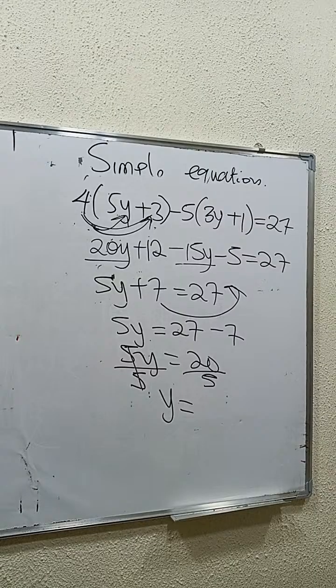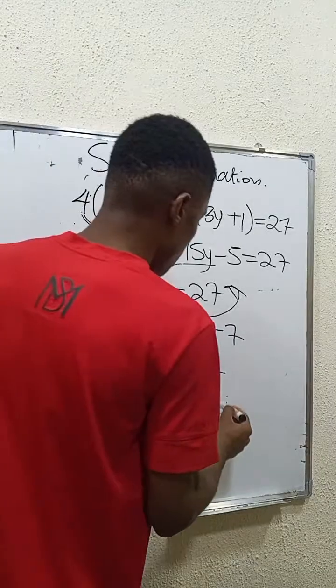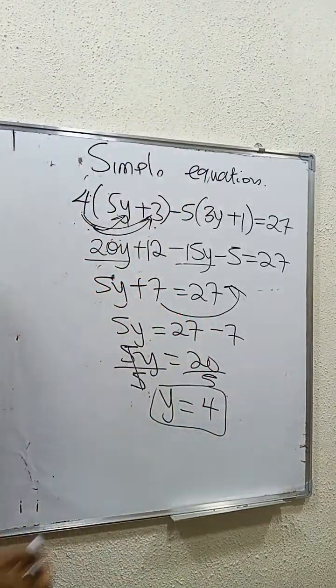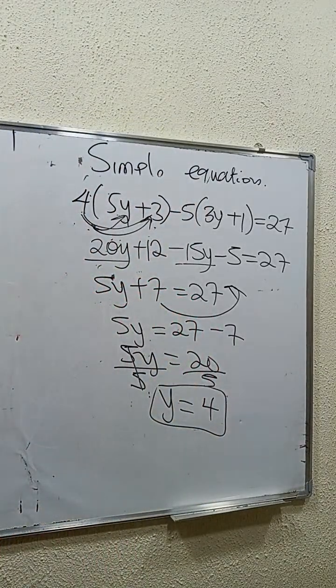Precious? 20 divided by 5 is 4. So the value for y in the equation is 4. The answer is 4.